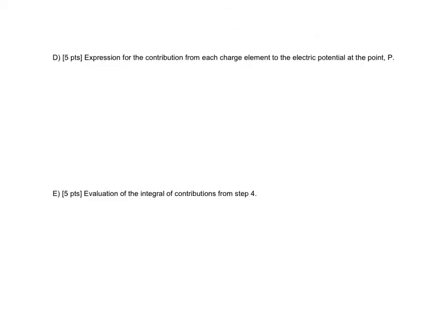Next part is the expression for the contribution from each charge element to the electric potential at point P. That small contribution is dV equals k dq over r, as it always is. So let's plug in what we had before for dq.